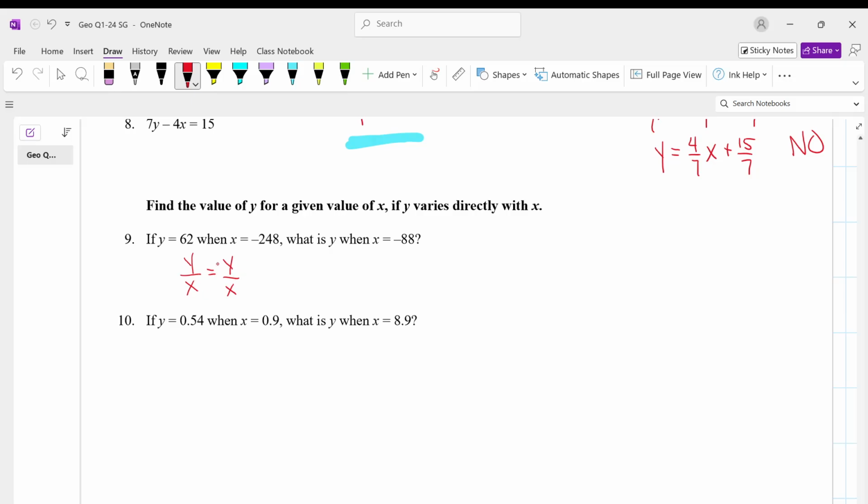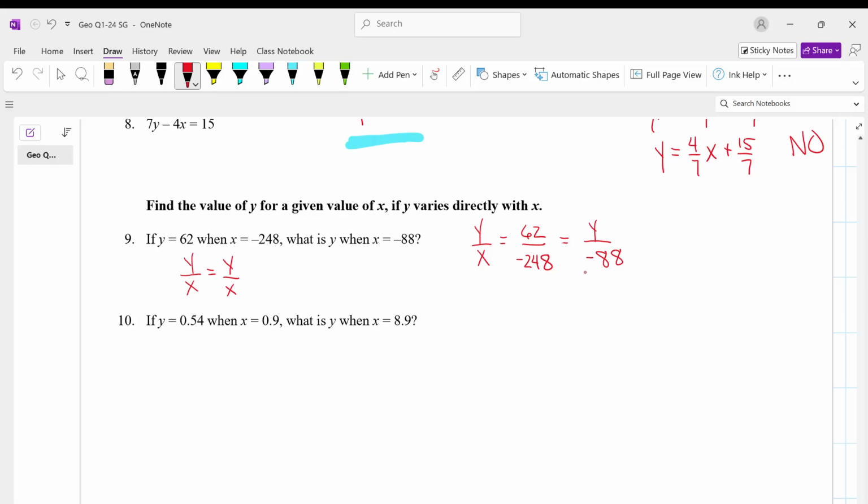But we're going to use this proportion here. We've got a y over x that's equal to 62 over negative 248, and we need to find out what y is when x equals negative 88. So that's the proportion we write.